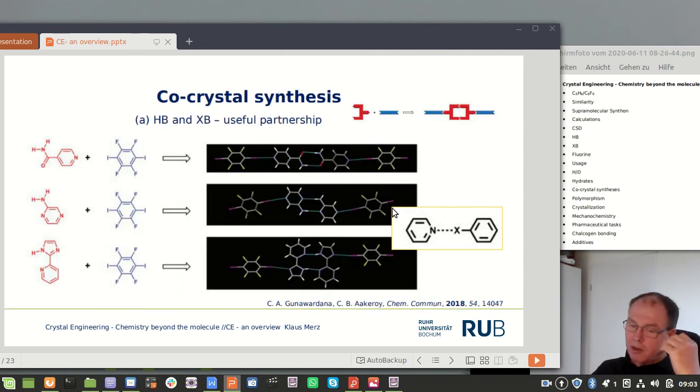When we talk about co-crystal synthesis strategies, we talk about how we can combine hydrogen bond and halogen bond, how we can successfully, step by step, build up multi-component systems.